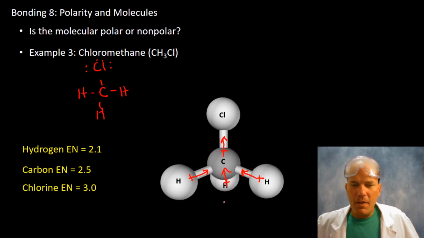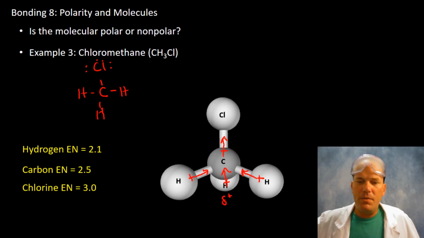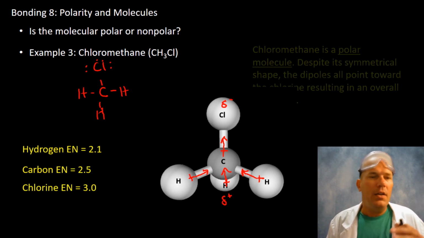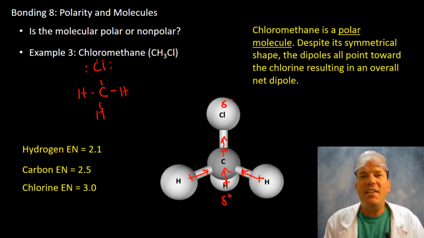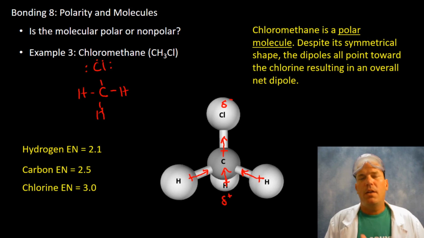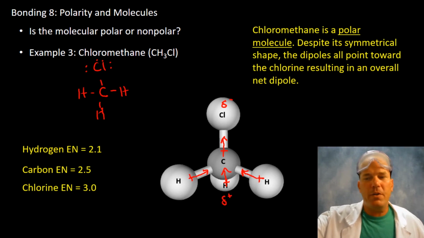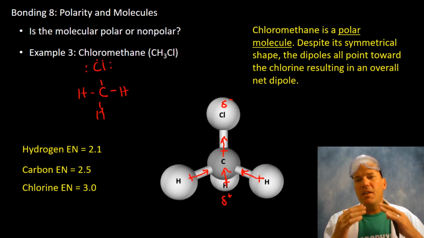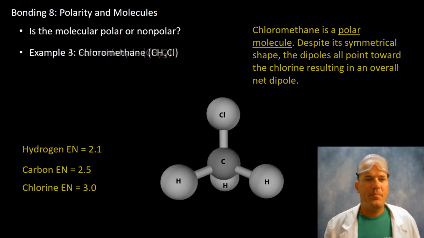Another way you can think of it is as if we have a partial positive charge in this region here, and then up in this region here we have a partial negative charge. Okay, so chloromethane is polar. Even though it is symmetrical, the dipoles are all pointing toward the region of the chlorine, therefore resulting in an overall net dipole for this molecule.